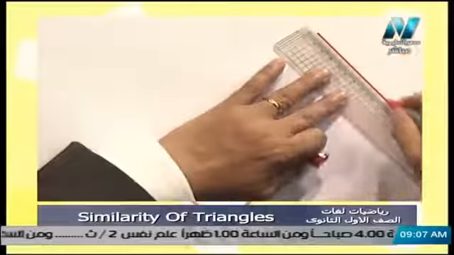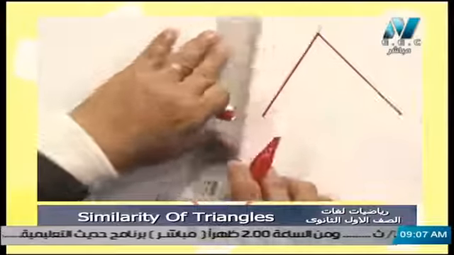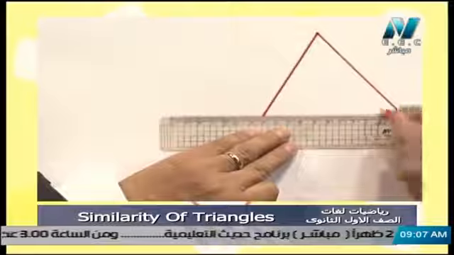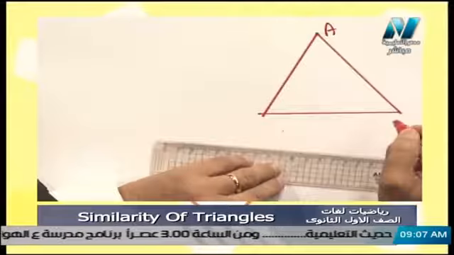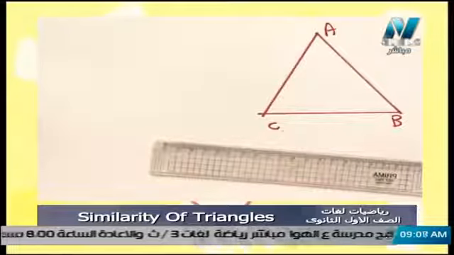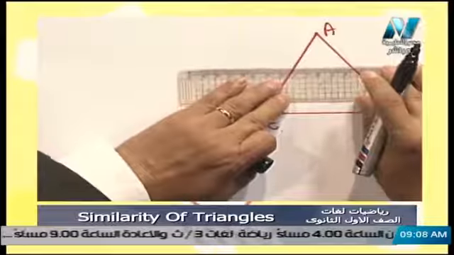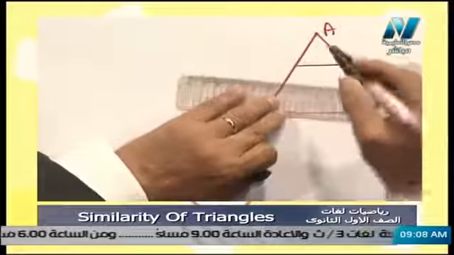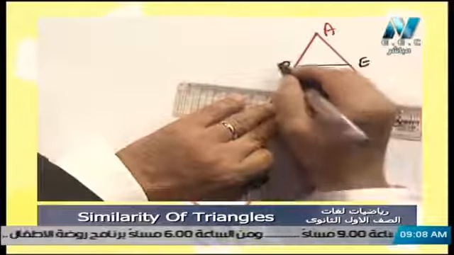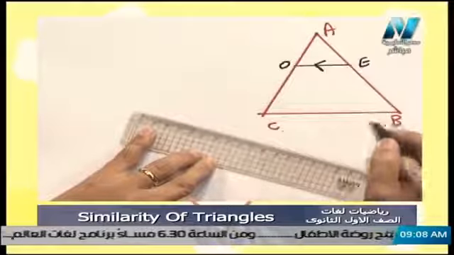Let's draw here a triangle like that, triangle ABC, and we have a line segment EO, and the line segment EO is parallel to the line segment BC.